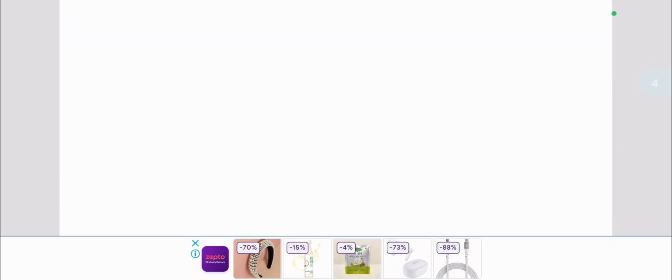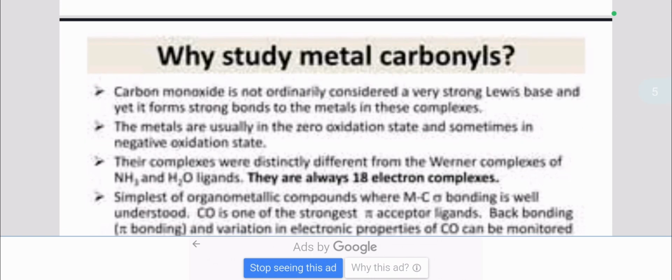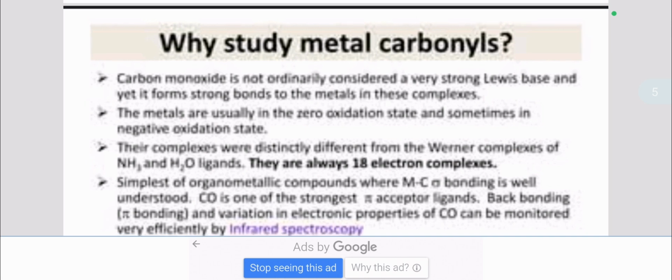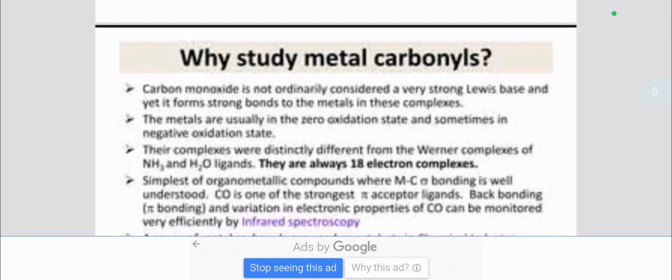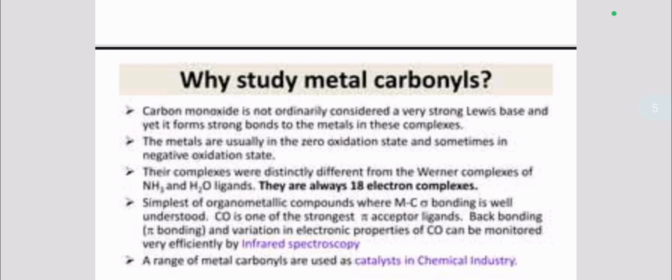Then one question arises here: why do we study the metal carbonyls? Because these are considered very strong Lewis bases and form strong bonds to the metals in complexes. These are usually in the zero oxidation state, and sometimes they have a negative oxidation state.